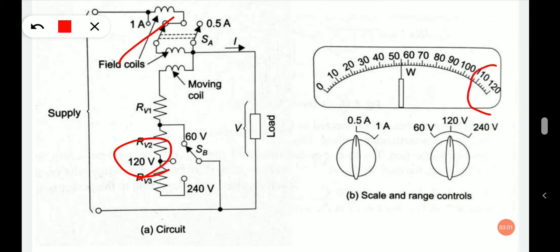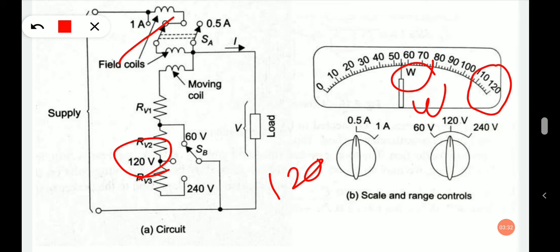So here it will be 120 watts. Similarly, when 240 volt and 0.5 ampere ranges are selected, the scale again indicates the reading in watt. To determine the full scale deflection power, the selected current and voltage ranges are multiplied together.